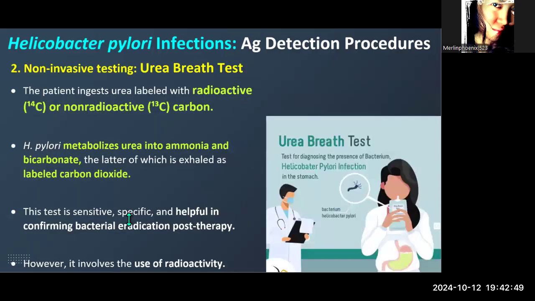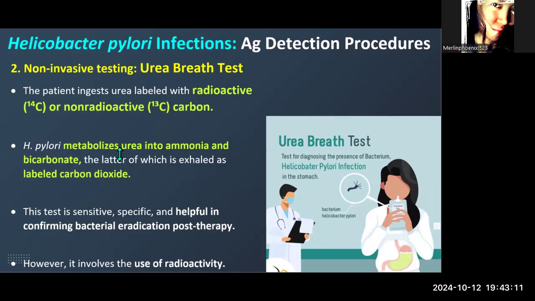It's fast. Now let's talk about non-invasive testing, the UBT or the urea breath test. Basically, the patient ingests urea labeled with either radioactive carbon 14 or the non-radioactive carbon 13.